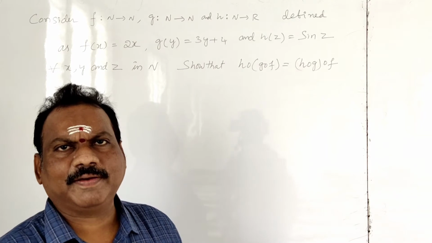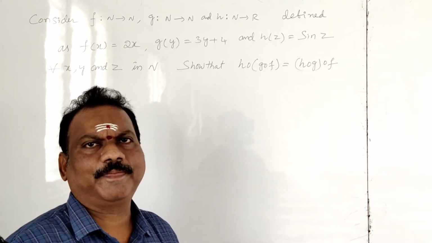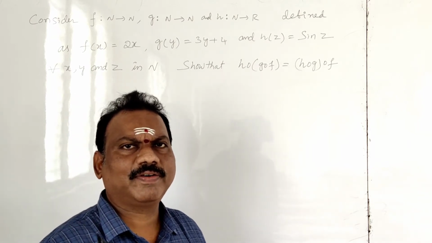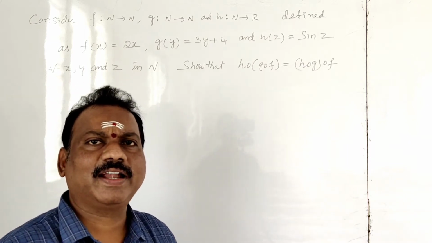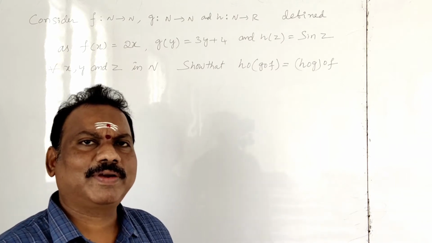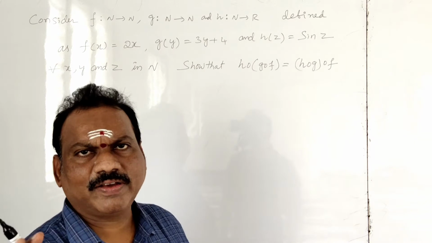I told you when f circle g is defined and when g circle f is defined. You know very well, f circle g is defined when the domain of f is equal to the codomain of g. g circle f is defined when the domain of g is equal to the codomain of f. Some cases may exist for both, some cases may exist for only one.